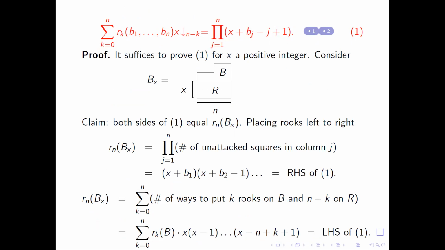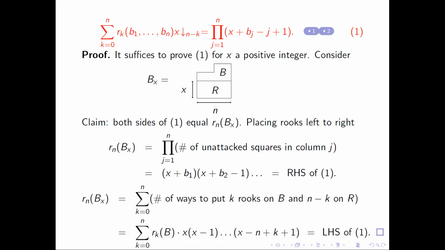And if we can show that those two polynomials agree, even on n plus 1 different points, because the degree of both sides is n, then we will have shown that the polynomials must be the same. But in fact, we're showing that the two sides are equal on an infinitude of possible x values, namely any x that's a positive integer. That allows us to prove this by making a counting argument.